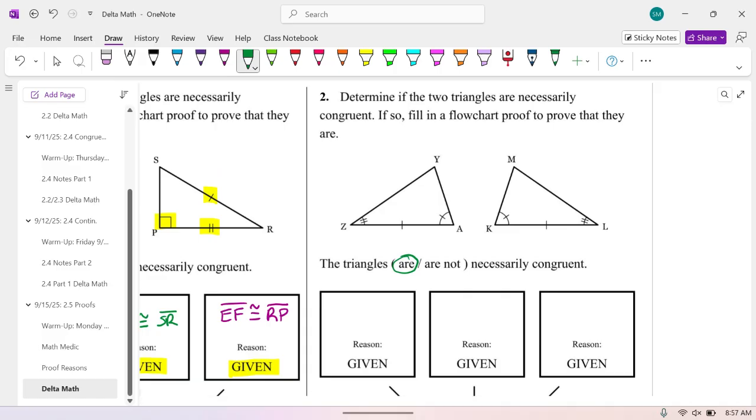Now tell me what all the givens are, and then tell me the postulate that makes them congruent. So you're just stating what was given to you. So look at what's marked. Basically restate what's marked.